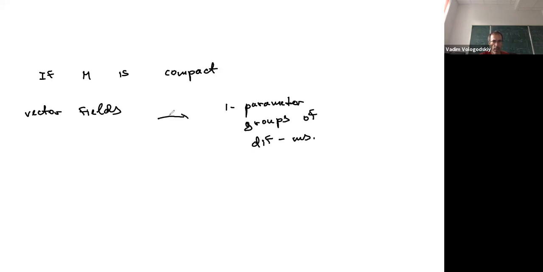Because if M is compact, the last theorem gives me, starting with the vector field, a homomorphism from R to the group of diffeomorphisms, phi sub t, which is defined for all t.